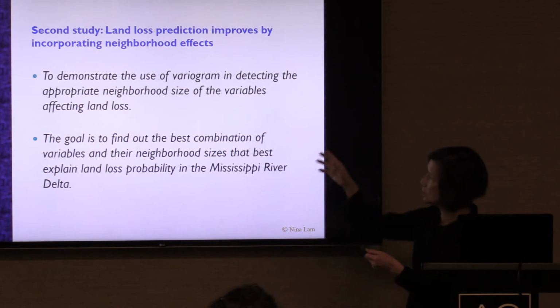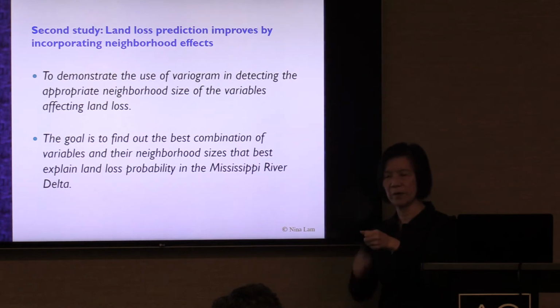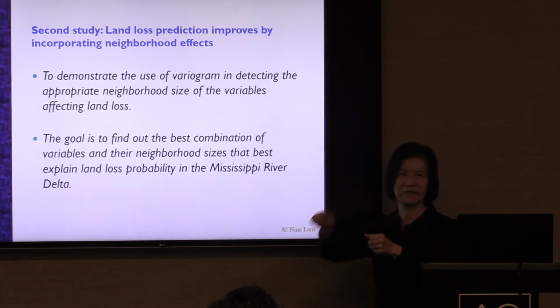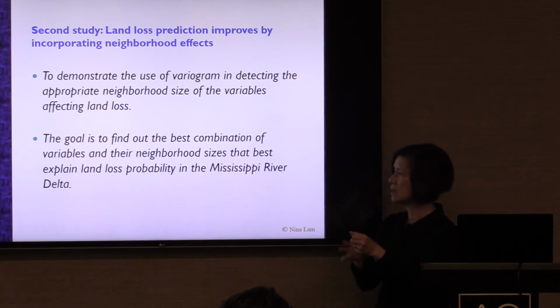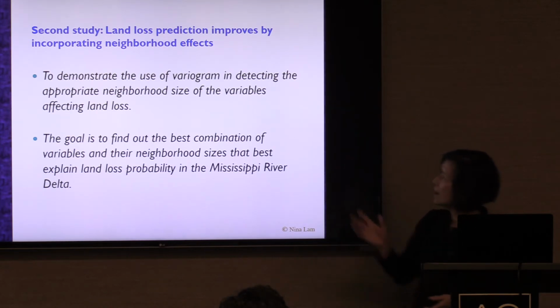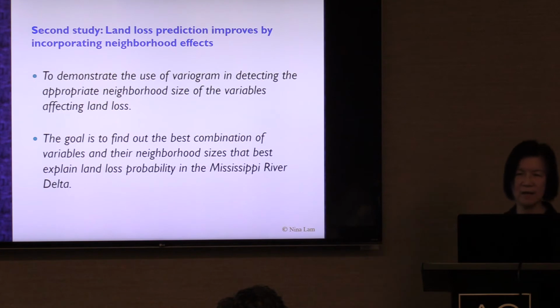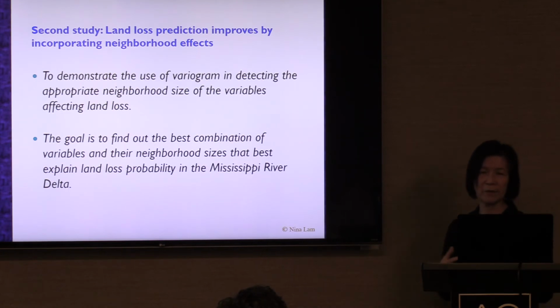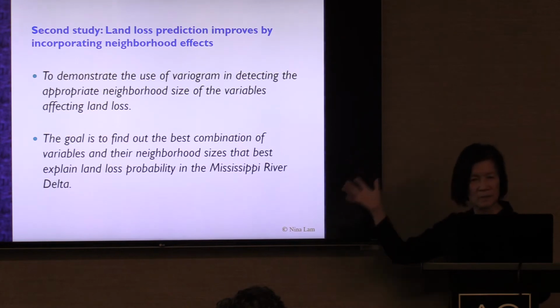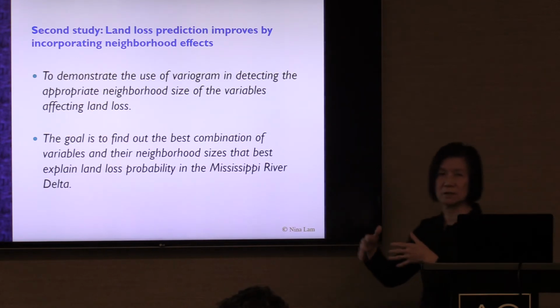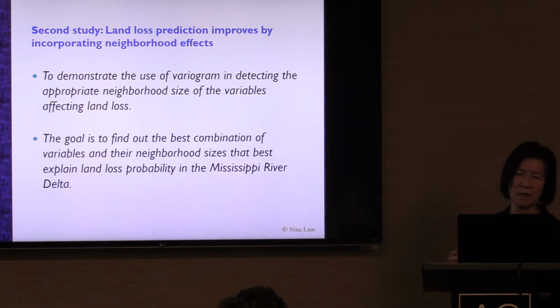In this case, I wanted to look at not the data at one point, but rather what is the neighborhood effect affecting this point. So I used the variogram to try to detect the appropriate neighborhood size, and in this case, it's related to the context scale or the operational scale.